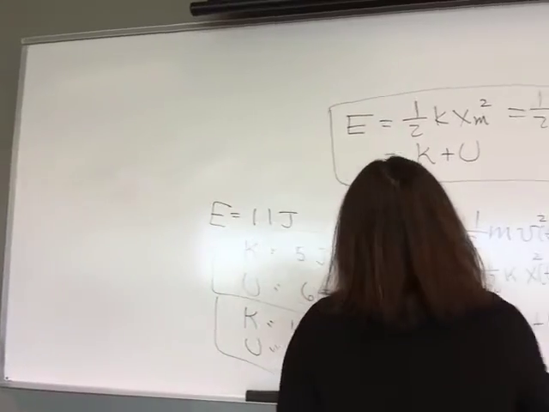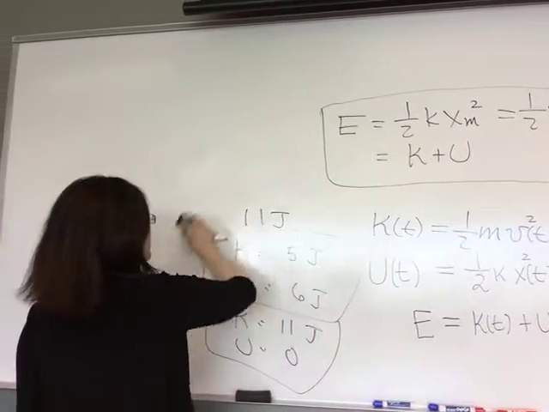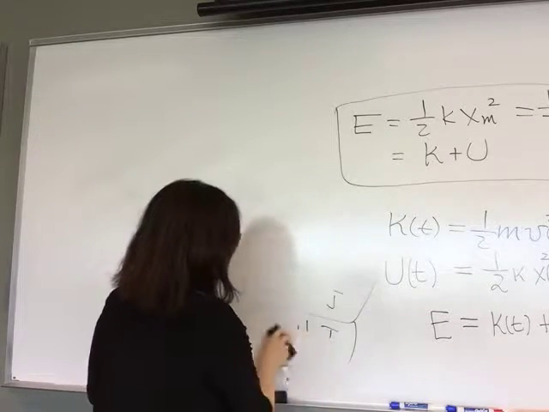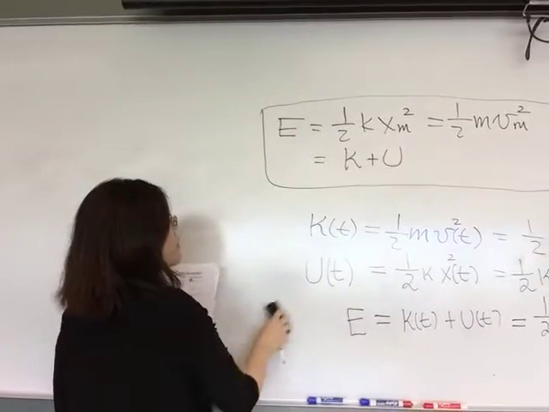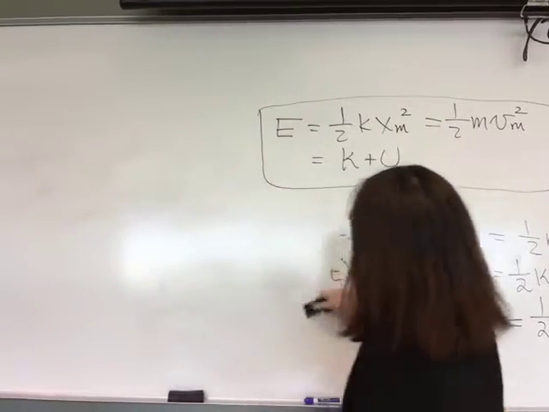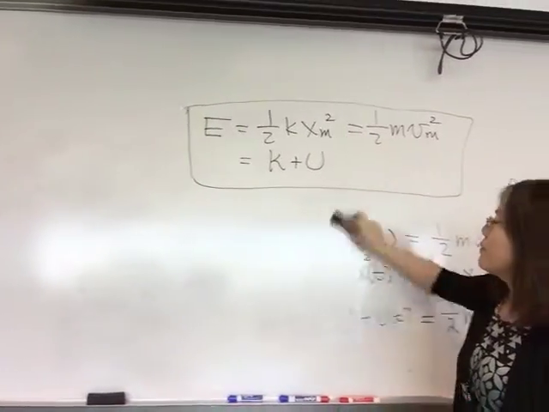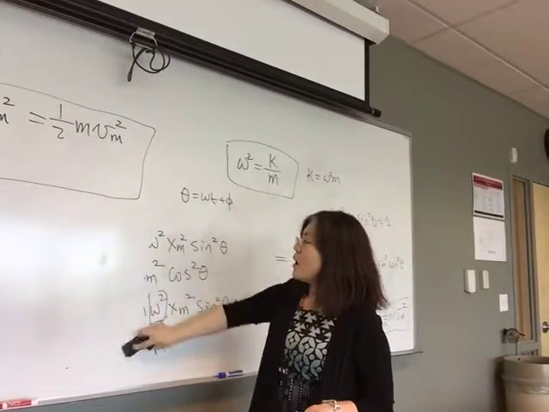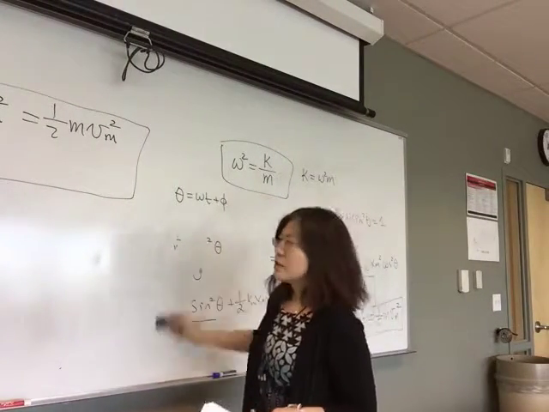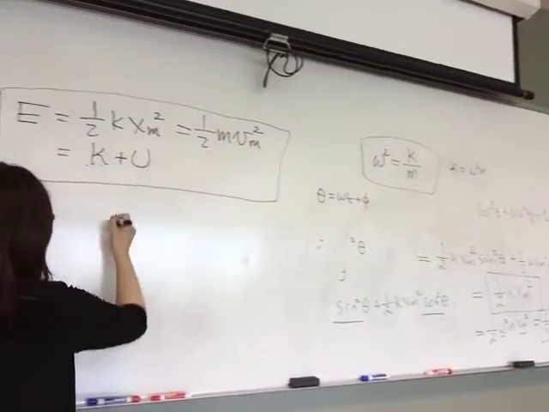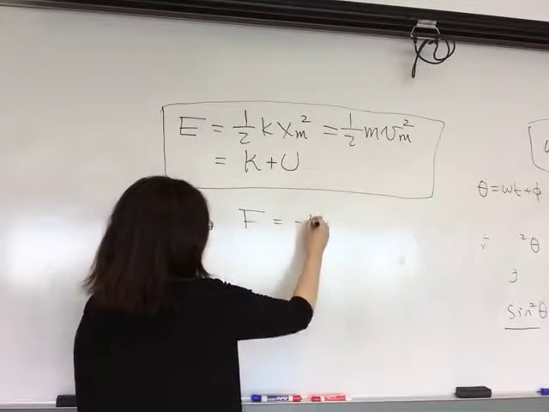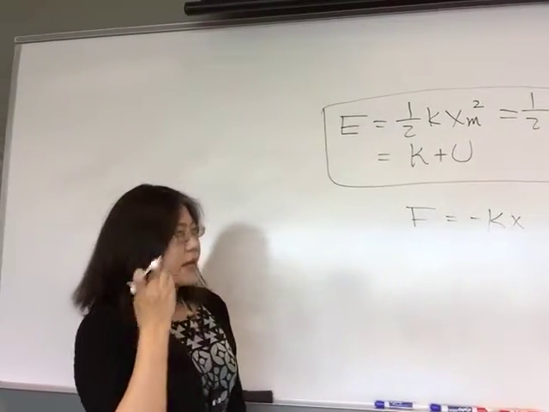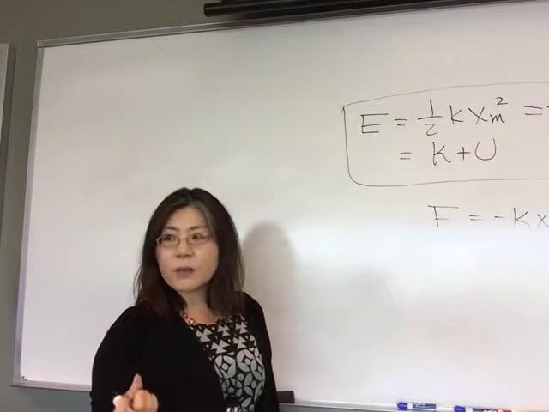I just want to briefly mention that torsion is rotational simple harmonic motion. To utilize what you have learned, remember that linear motion and rotation bear a one-to-one correspondence. In linear motion, you have simple harmonic motion like this: the spring force acting on the block is equal to the spring constant times the displacement.